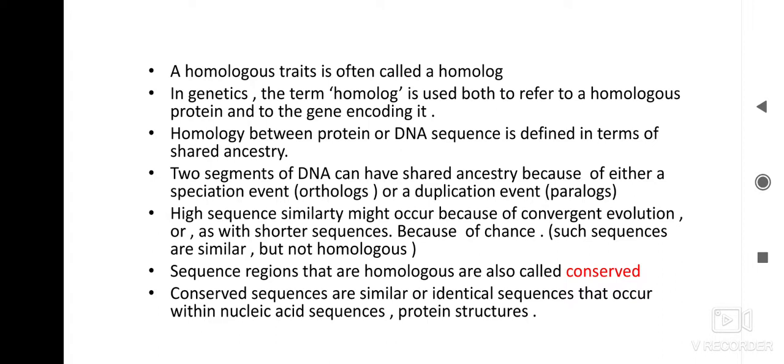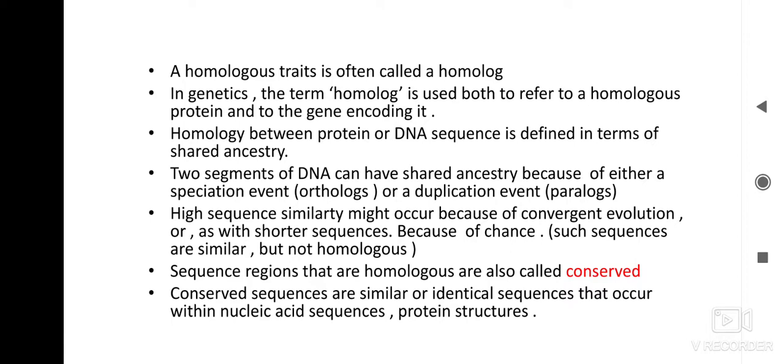In genetics, the term homolog is used both to refer to a homologous protein and to the gene encoding it. Homology between protein or DNA sequence is defined in terms of shared ancestry. Two segments of DNA can have shared ancestry because of a speciation event or a duplication event. Speciation event orthologs, duplication event paralogs.